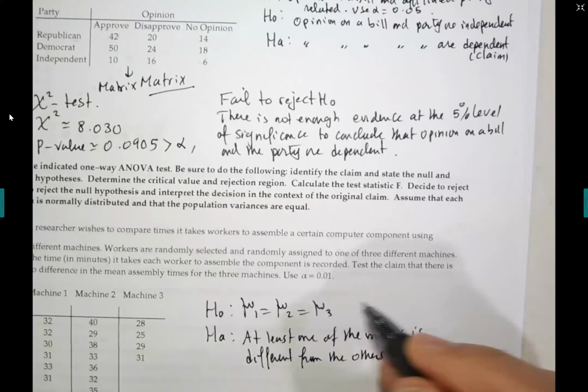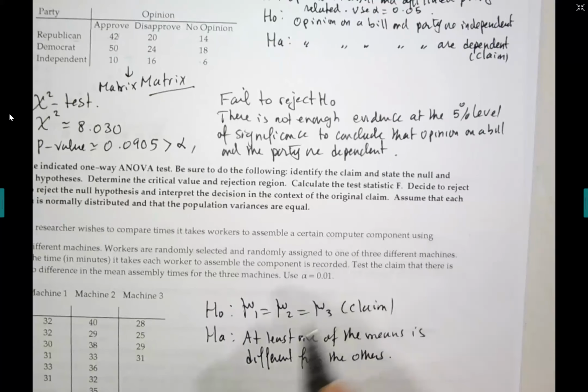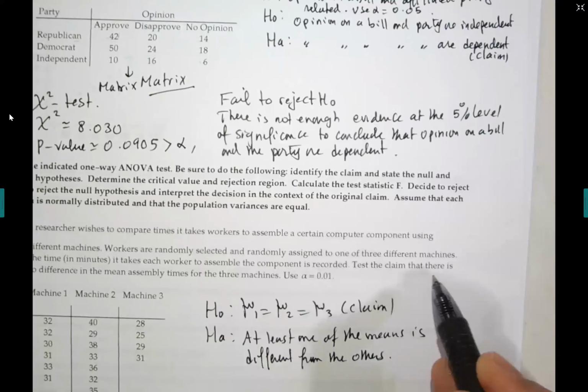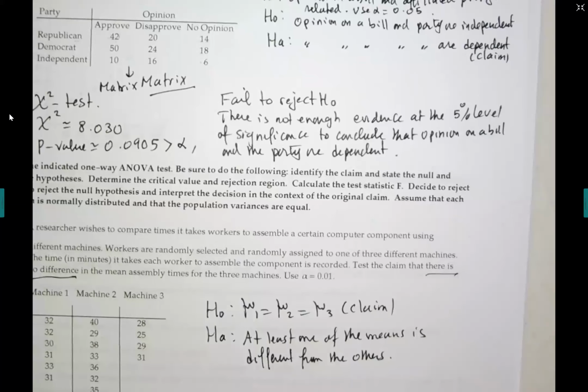This is the claim. Again, guys, if you ask me why I put the claim in H0, it's because it says there is no difference, and no difference means equal. When I say there's no difference between what I make and what you make an hour, that means we make an equal amount.